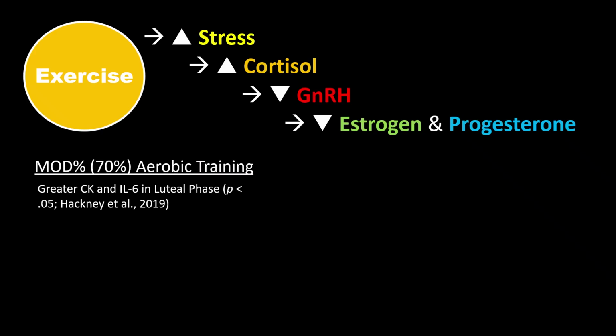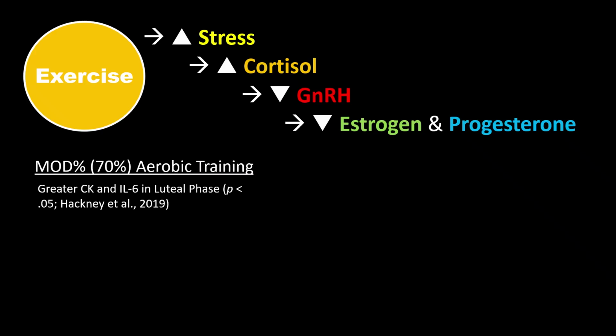Moderate intensity aerobic training, so we're looking at about 70% VO2 max, has been seen to increase creatine kinase and interleukin 6 during the luteal phase. So, during that time where you see estrogen reduce but progesterone spike, you will also see an increase in markers of muscle damage.